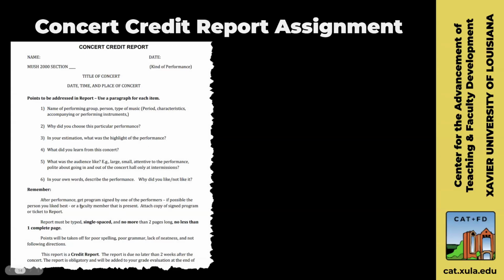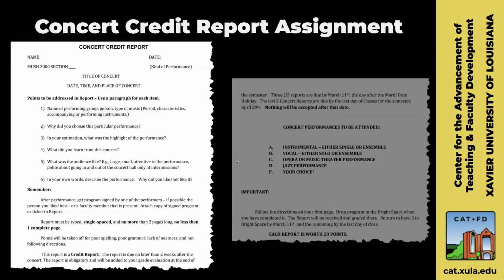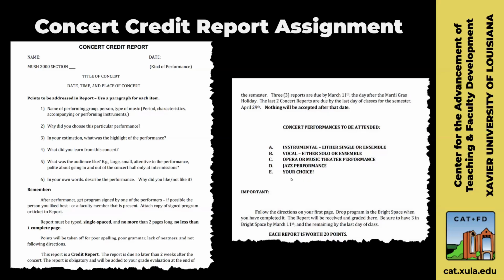Some information indicating that they needed to provide some kind of artifact, like a program or a ticket, get it signed if possible, some other information about it, the different types of concert performances that students could attend, and then the total points that they could earn on this would be 20 points.